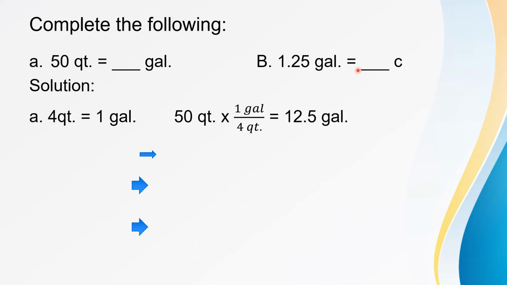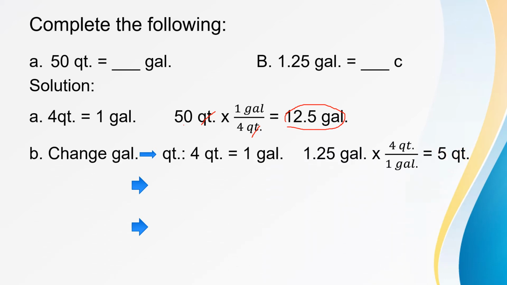For our solution, 4 quarts equals 1 gallon, so that's our common unit fraction. 50 quarts times 1 gallon over 4 quarts. Cancel the units. What happens there is 50 divided by 4, and the answer is 12.5 gallons. You can use your calculator directly.